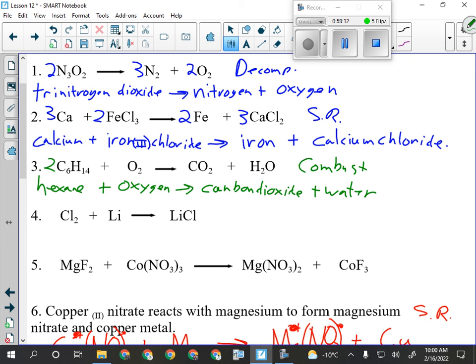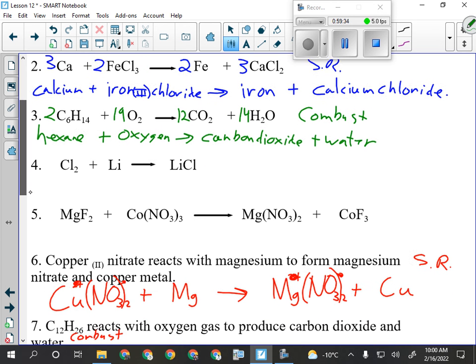So I start with a 2. 2 times 6 is 12, so a 12 goes here. 2 times 14 is 28. 14 times 2 is 28. 12 times 2 oxygens is 24, plus 14 more is 38. 19 times 2 is 38. Okay, so we should have that.